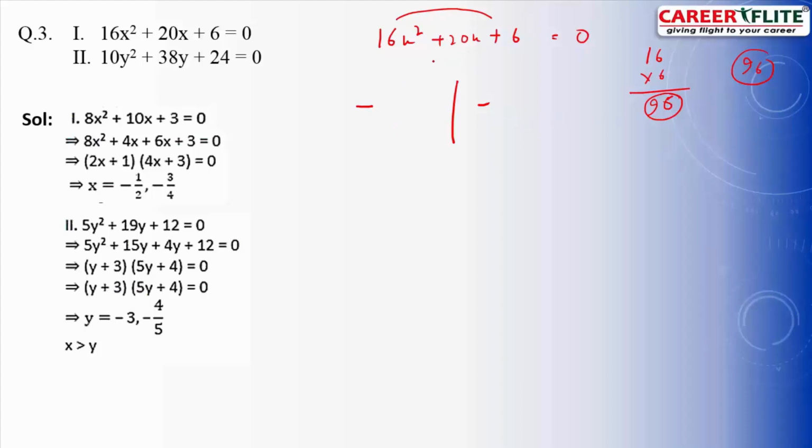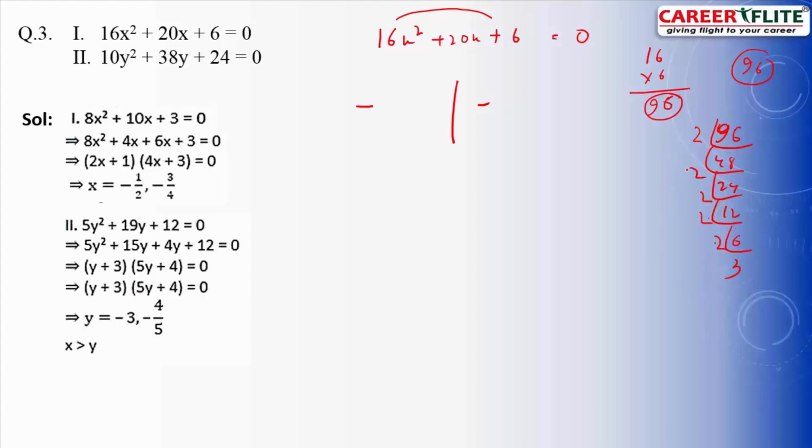So how will you divide? It's better if you take the multiples of 96, that is 2 into 48, 4 into 24, 8 into 12, 2 into 6, 2 into 3.